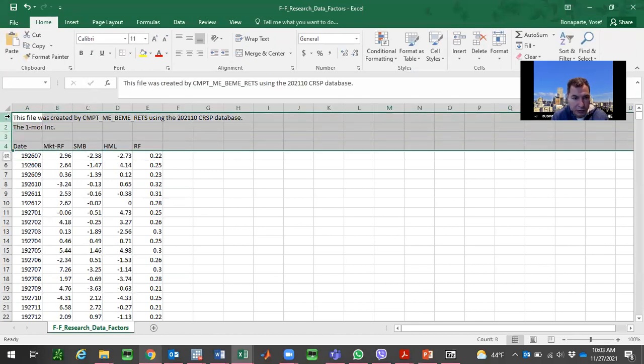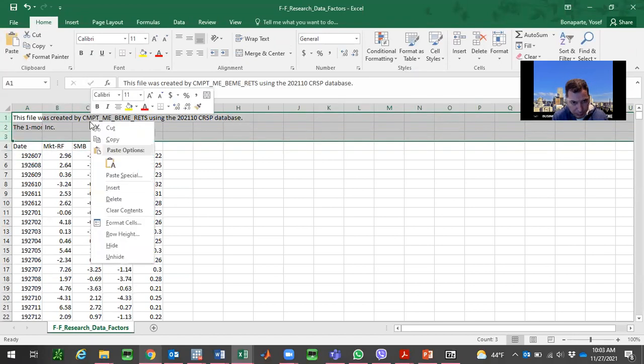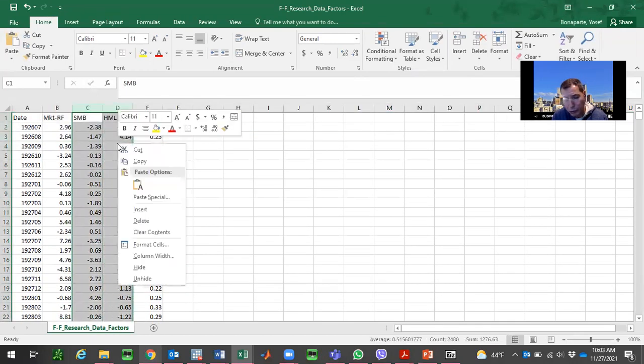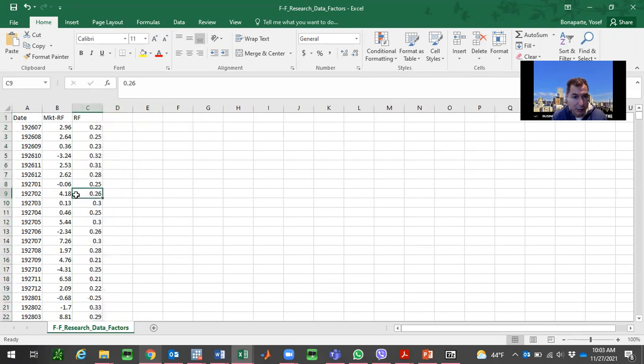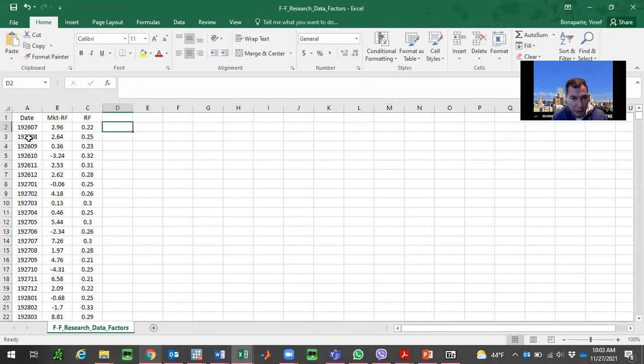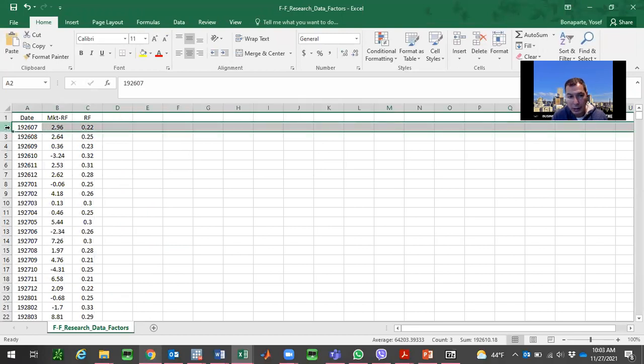We don't need the first 2 here, these 2 columns. We use them in academic research, but for class purposes, we don't need that. We don't need to go all the way to 1926. We're going to go from 2000 and on.